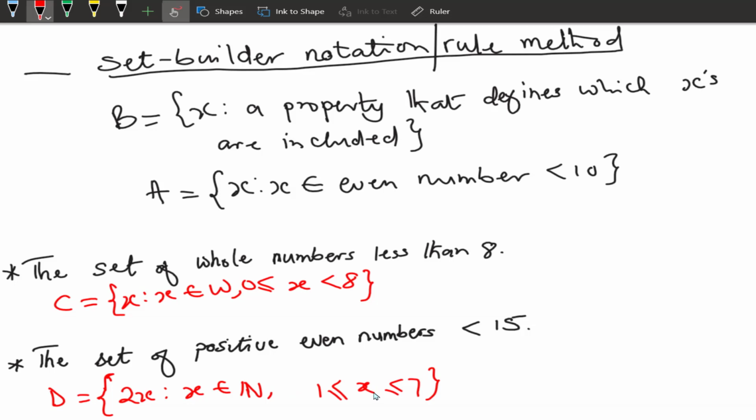If x is, let's say, 5, 5 times 2 is 10, which is less than 15. The maximum number x can be is 7, and 7 times 2 is 14, which is less than 15. So this is how we use the set builder notation to describe sets.